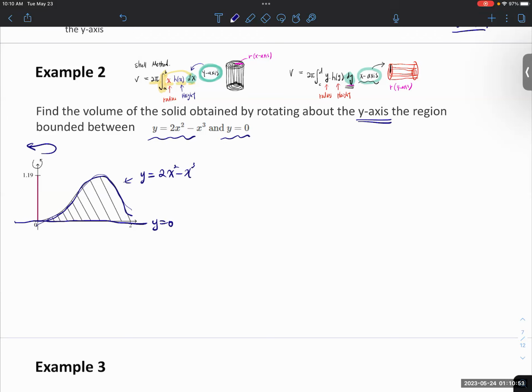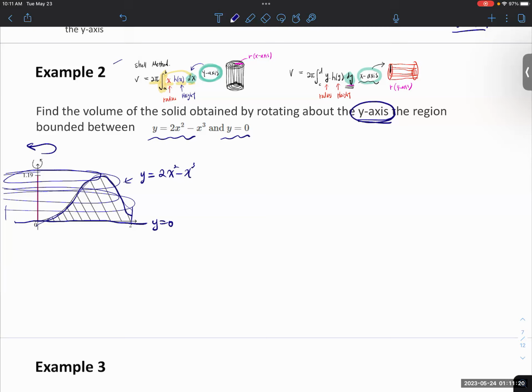So you have to imagine what the three-dimensional space would look like when you rotate them. So this is going to be something like that. This is going to be the cylinder, and they're going to get a little bit larger and larger. So there's a cylinder when you rotate it. So we're going to use the shell method to find the volume of this solid when you rotate about the y-axis.